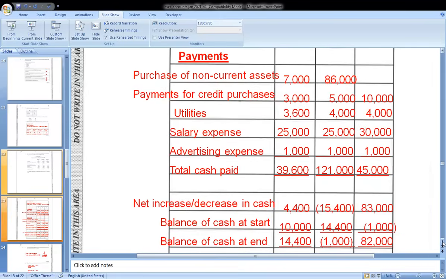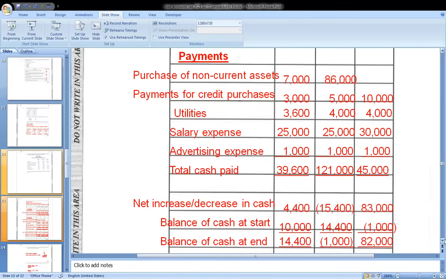So our net increase or decrease in cash, based on what they gave us. All this information is taken from the front. So 4,400, and then we have 15,400, but that's a negative, and 83,000 for December. So balance of cash at start was 10,000 for October, 14,000 for November, 1,000 for December.